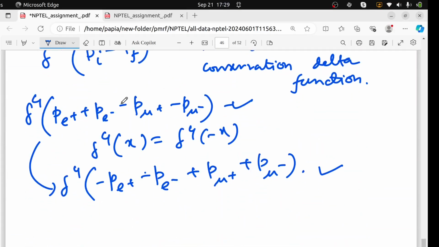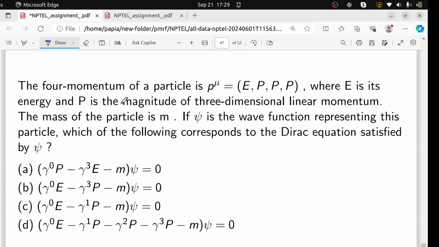Now coming to the last question for this session: the four momentum of a particle is P mu, which is E P P P, where E is its energy. Please show question number 7 once again.